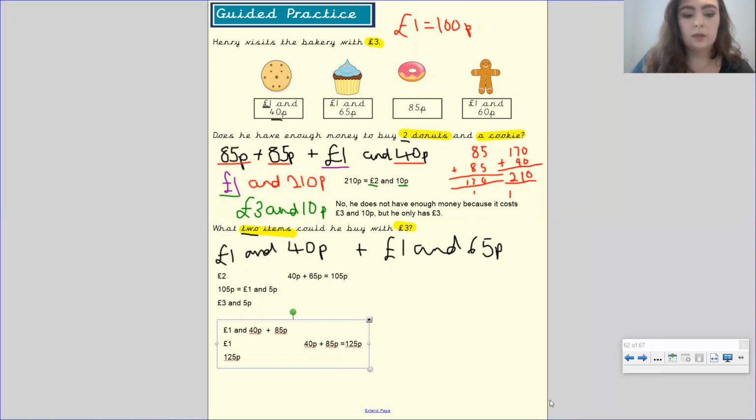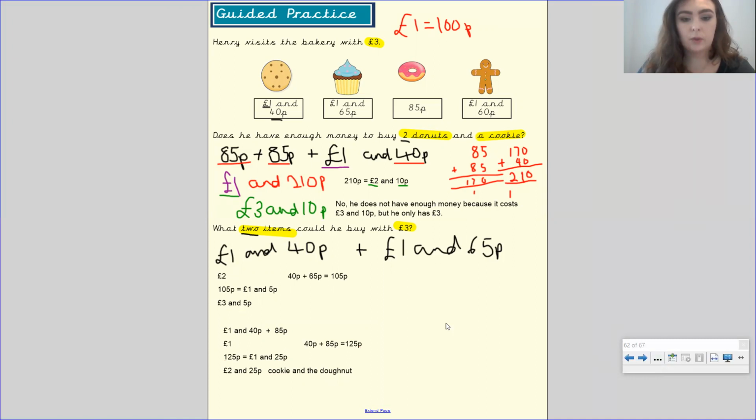Now we know that 125 pence is the same as saying £1 and 25 pence because there are 100 pence in £1. Now we need to add together the £1 and the £1, which gives us £2, and the pence, which gives us 25 pence. So he can afford the cookie and the donut.